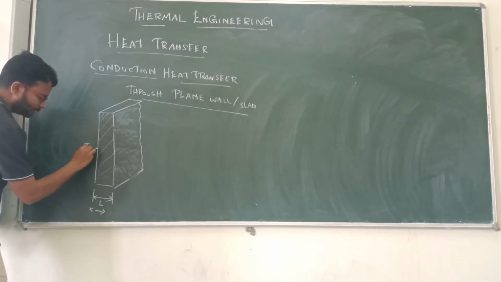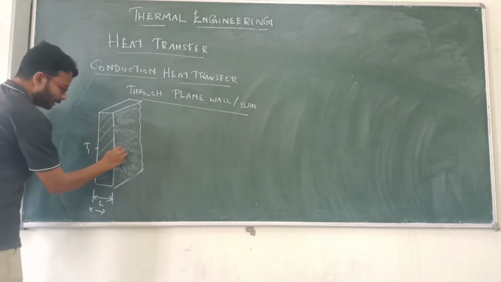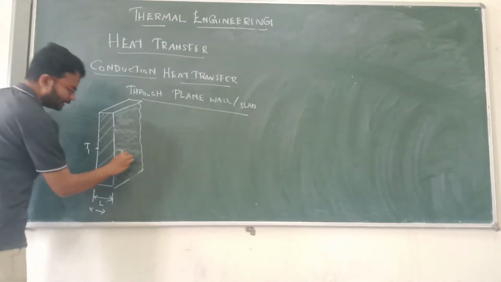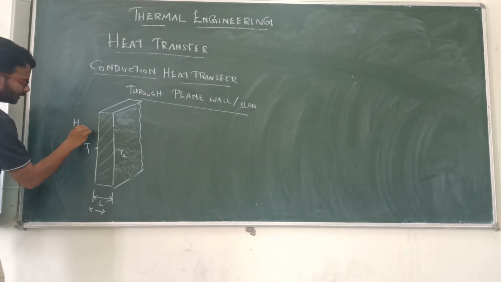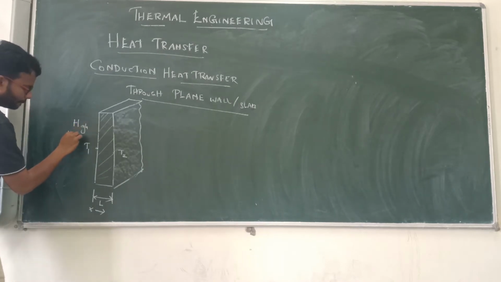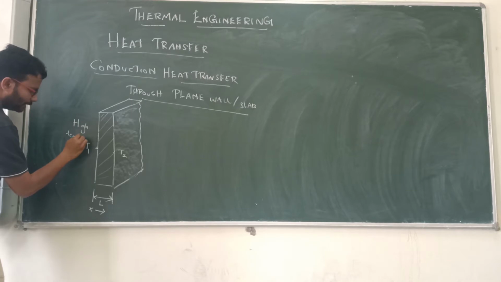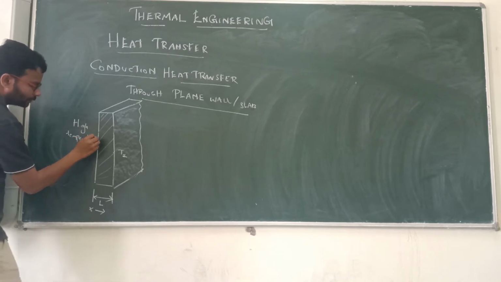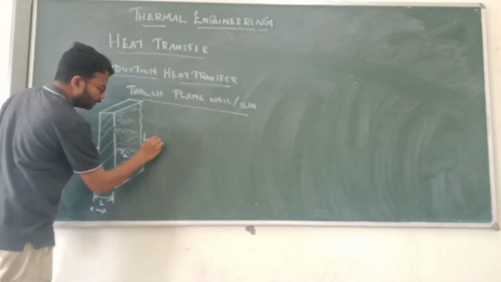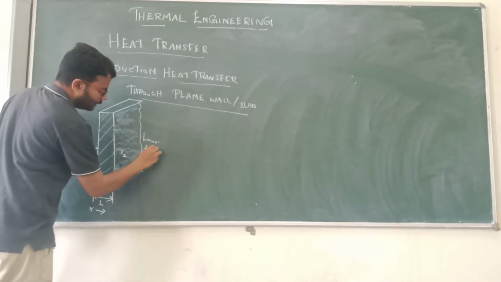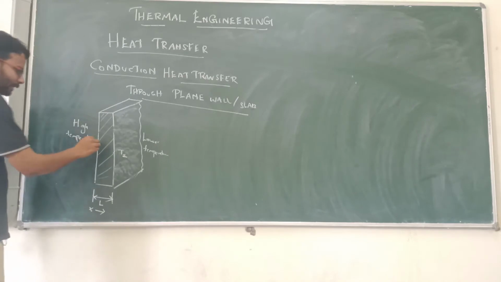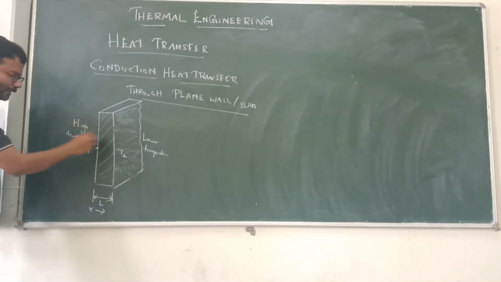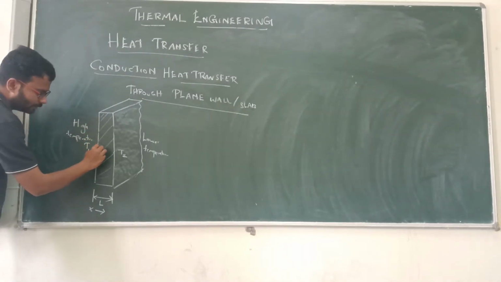At this end the temperature is kept at T1, and at the other end the temperature is kept at T2. This end face is at the higher temperature and the other end face is at the lower temperature, so this side of the wall absorbs the heat and transfers it to the other side.